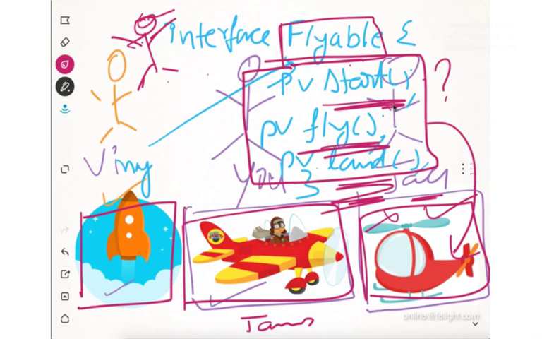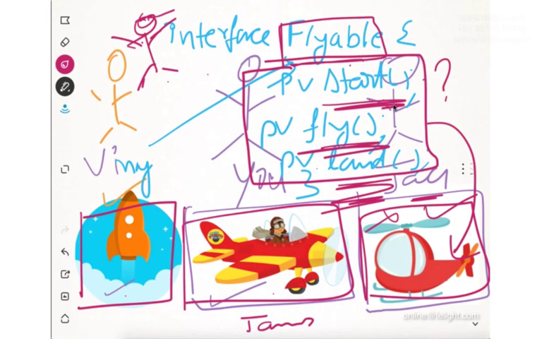It doesn't matter how they are implemented in the jet, aeroplane, and helicopter. Obviously they are different, but the name remains the same. So the interface is more like a contract. What are the things I want? I want start, I want fly, I want land. It's a contract to aeroplane, jet, helicopter, whoever is creating it, that I want all these three.